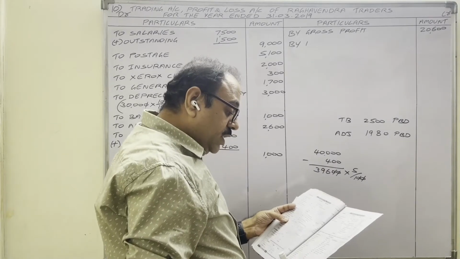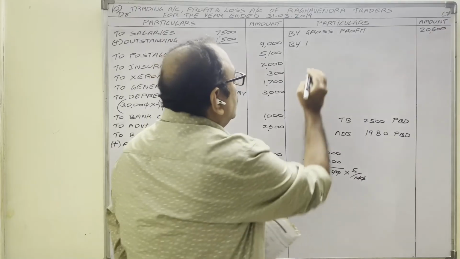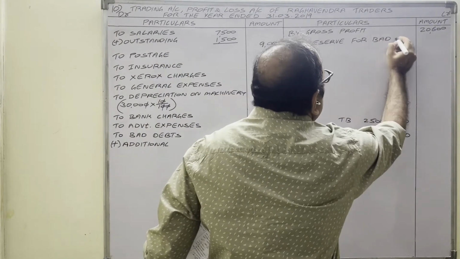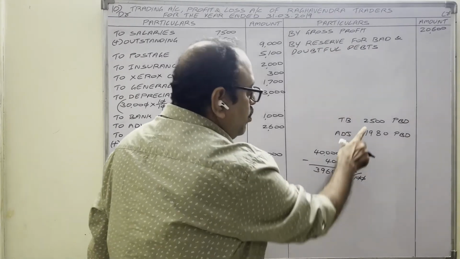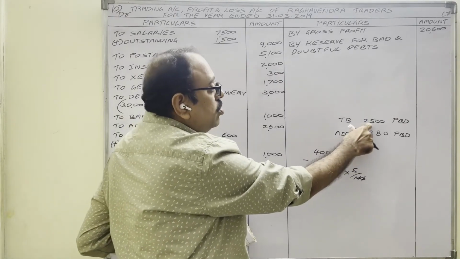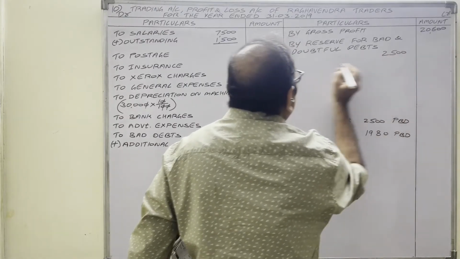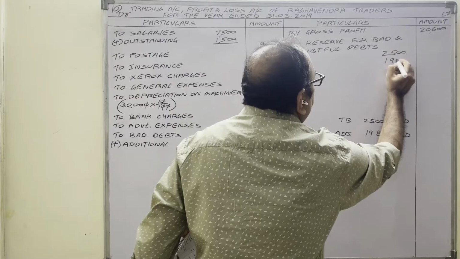In trial balance, he is giving reserve for bad and doubtful debt. We also use the same word, reserve for bad and doubtful debts. From 2500 we have to subtract 1980. Therefore, first 2500 I am taking. 2500 minus 1980.